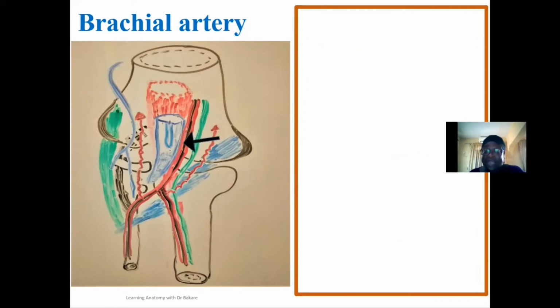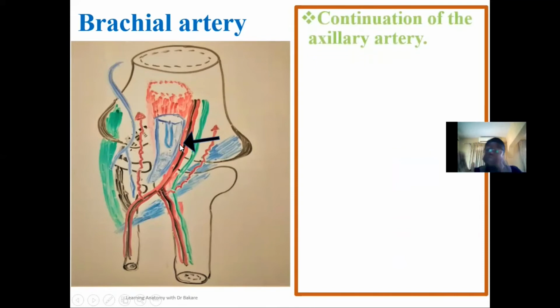This is the brachial artery highlighted in black and coated in red. You can see it is immediately located medial to the biceps brachii tendon, and that is one of the structures seen in the medial region of the tendon that forms the central landmark of the cubital fossa.